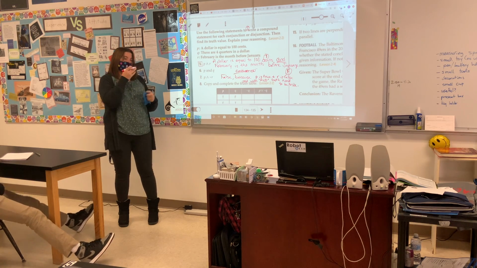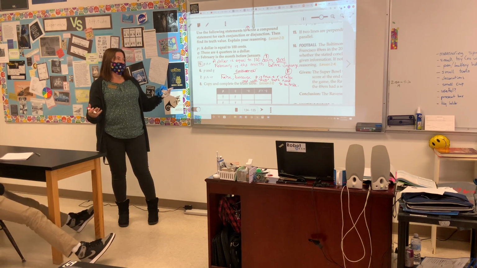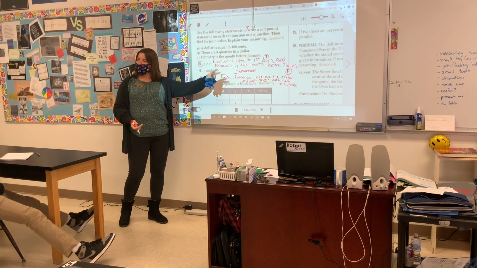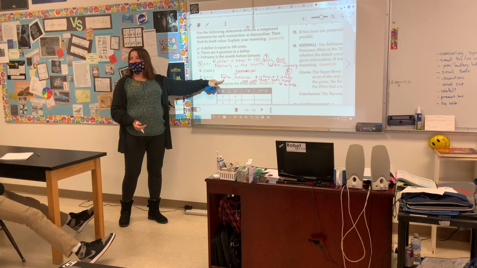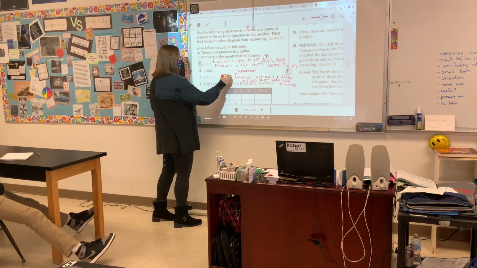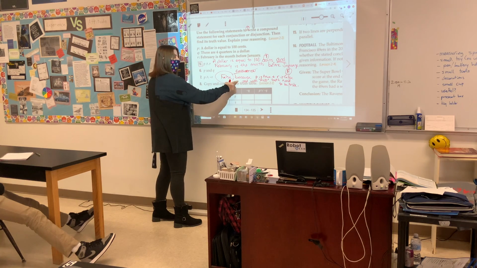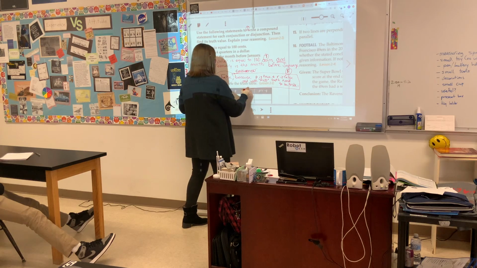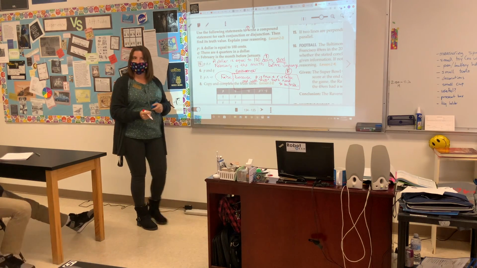Okay, I need the compound statement the way it's supposed to be. And then you need to identify the parts, what's true, what's false, to work out what the overall truth value is. So this is the overall truth value right here. And this over here is the reasoning. You need to write it out.